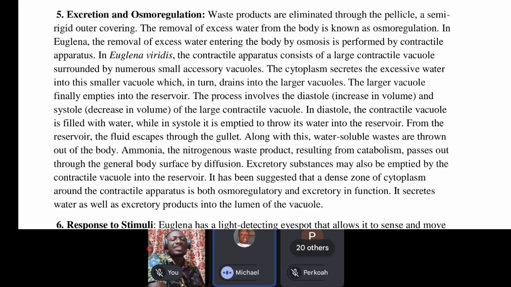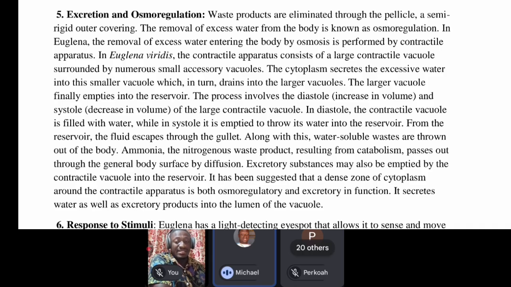Now, excretion and osmoregulation is just as in amoeba. It also has a contractile vacuole which controls water regulation and also takes out waste. So remember, urinating or excretion is a way of water balance. If you drink enough water, you urinate a lot.